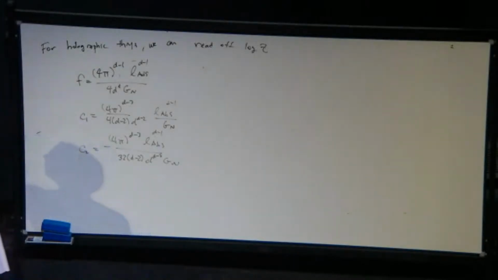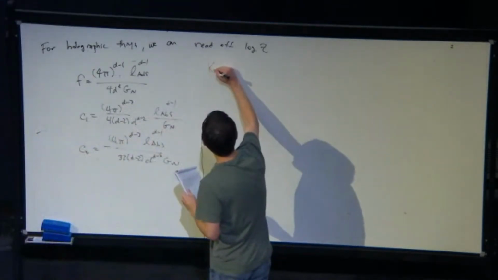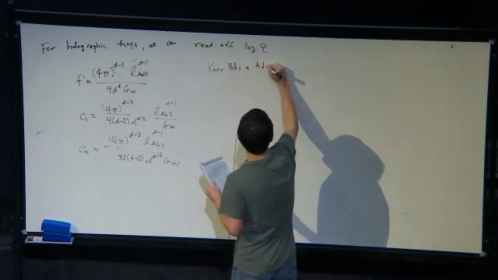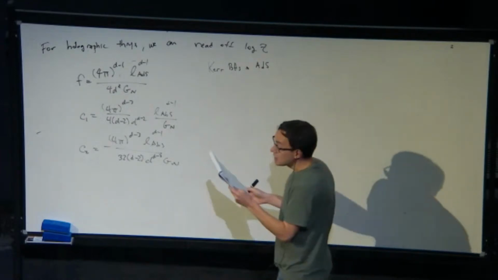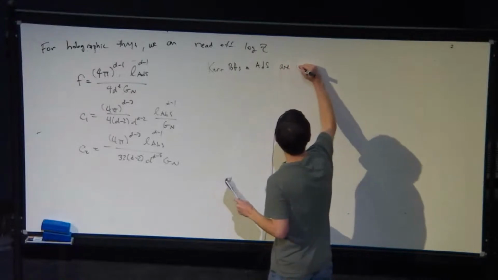OK, but now I want to say how this expression here for the regime of validity has to do with these Kerr black holes. So here's a fact about Kerr black holes in AdS, which is they're parameterized by some mass and some angular momentum, and they're actually unstable if they spin too quickly. They suffer from an instability.